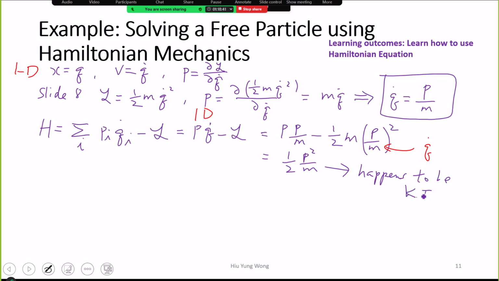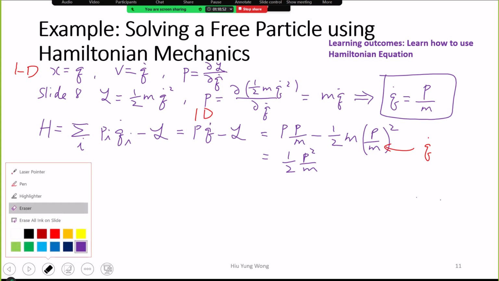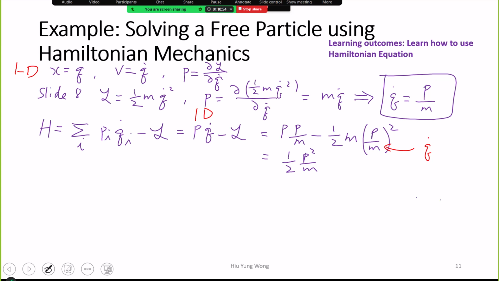Okay, anyway. Now I will start to use Hamilton's equations, the equations of motion. First, I know p dot equals minus partial H partial q. What is partial H partial q? It's the partial of p squared divided by 2m with respect to q.